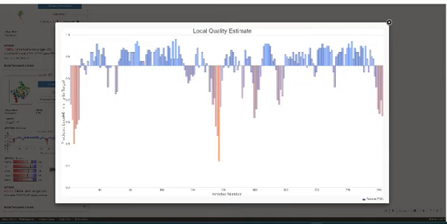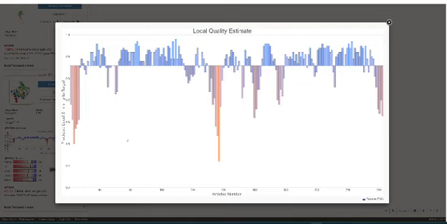The higher the number, the more confident we are that the model is correct for that part of the protein. The range goes from 0 to 1. 1 means very confident, and if the value is lower than 1 or near 0, that means the model is not confident at all or has issues.